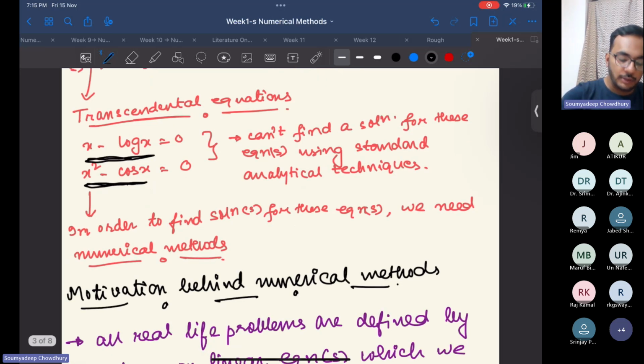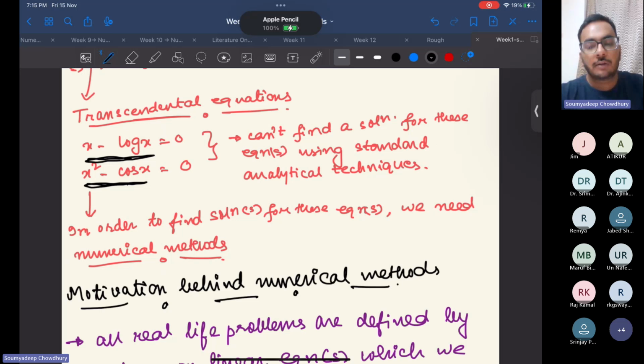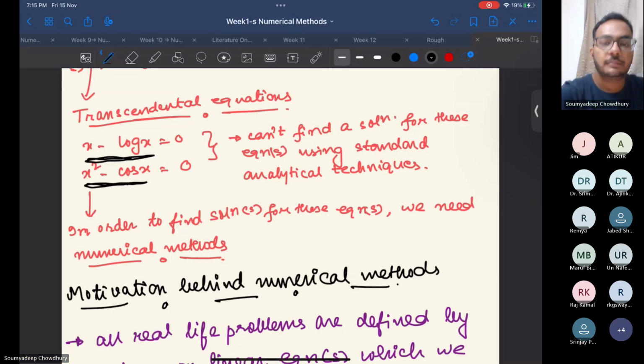And you might ask what is the use of these transcendental equations? In any engineering problem or any mathematical or physical problem, if you think of any system, obviously you have to represent that system in terms of some mathematical equations which we need to solve to find the solution to that particular problem.